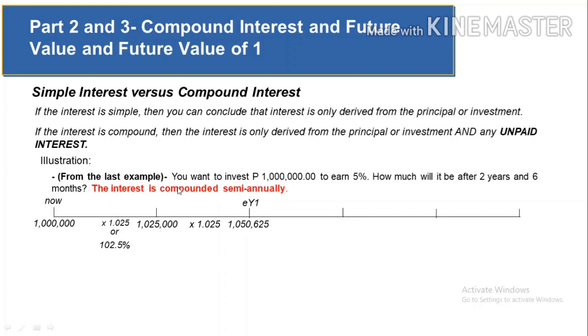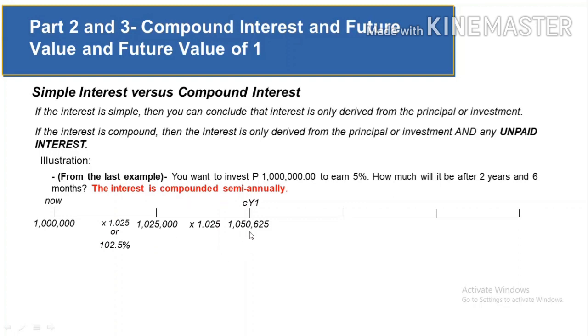But if we analyze this, the whole 1,025,000 in this period, which is composed of the principal of 1 million and the interest of 25,000, has been charged with interest because, as you can see, the totality of this has been multiplied by 1.025, in which this 1.025 is equivalent to 102.5%, which is already inclusive of interest. So that's the concept of compound interest.